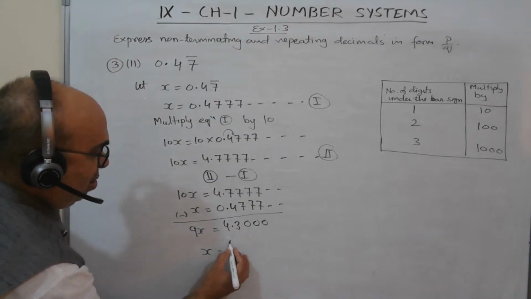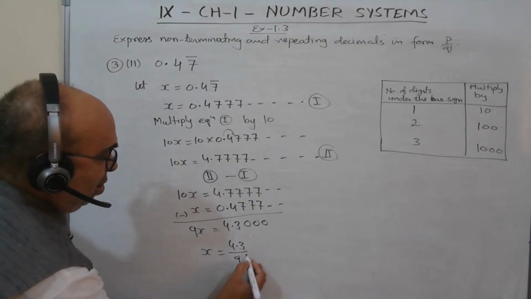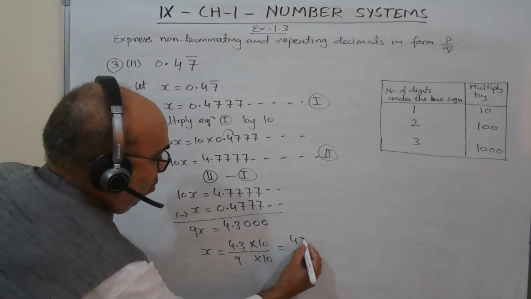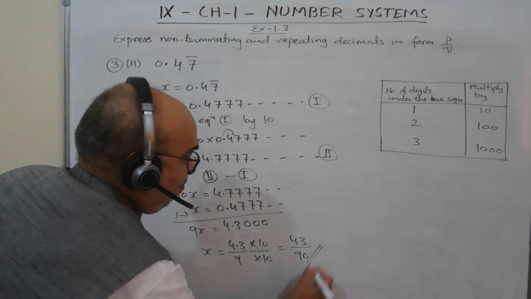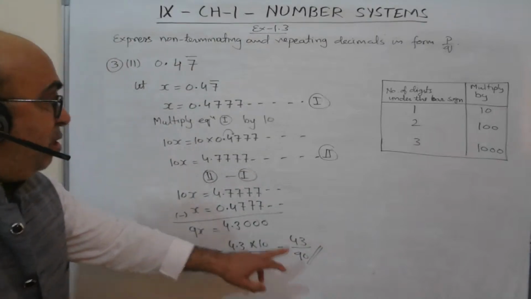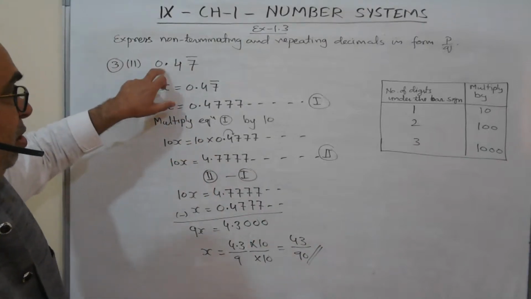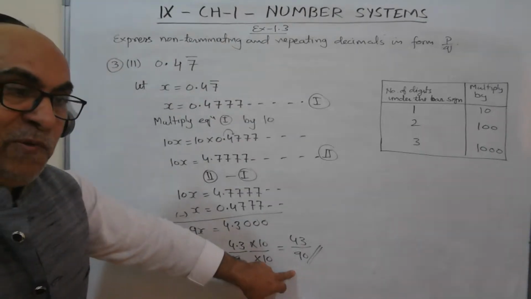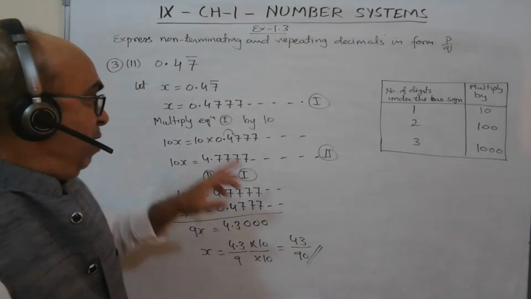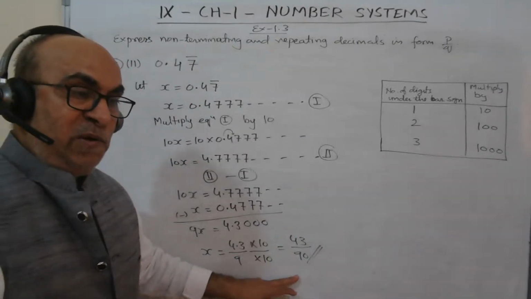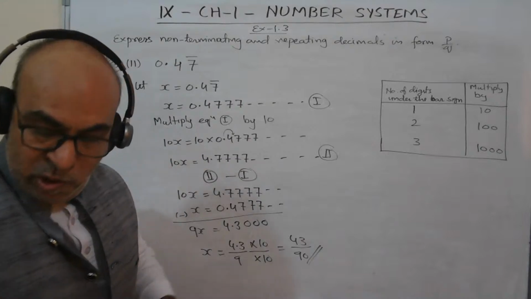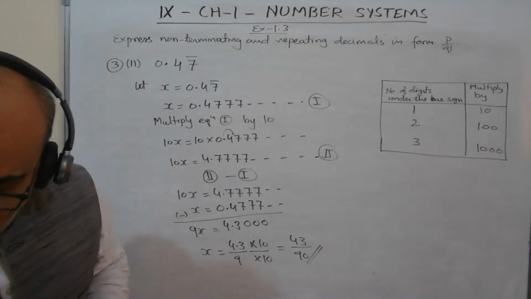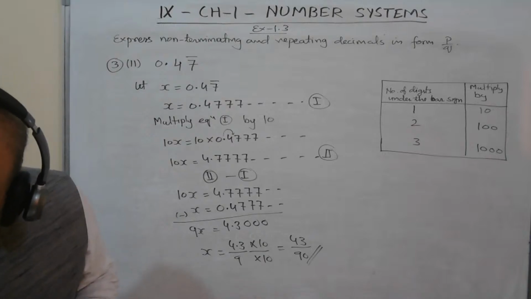So x equals 4.3 by 9, multiplying by 10, 43 by 90, it is in the form of p by q. The representation of 0.47 bar is equal to 43 by 90. It is decimal form, and this is fractional form, that is in the form of p by q. And the third part you can do at home. Question number 4 you can do at home.